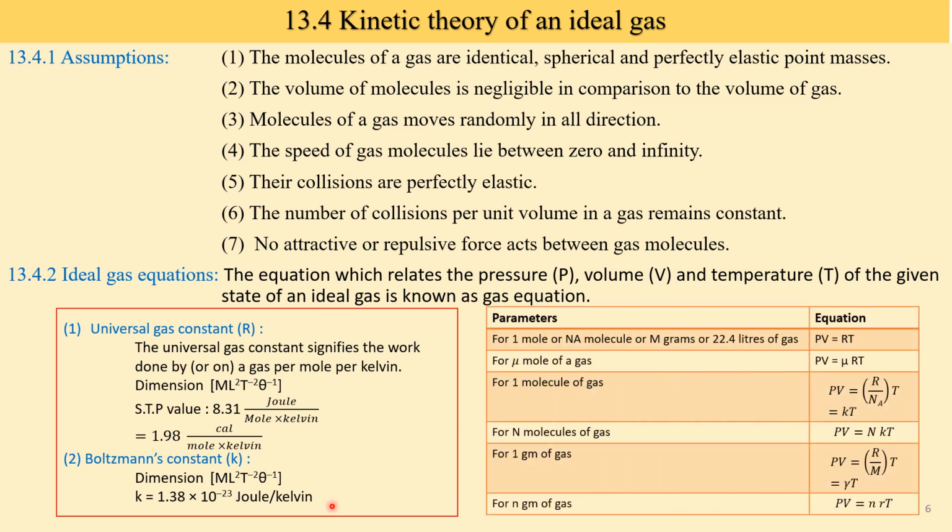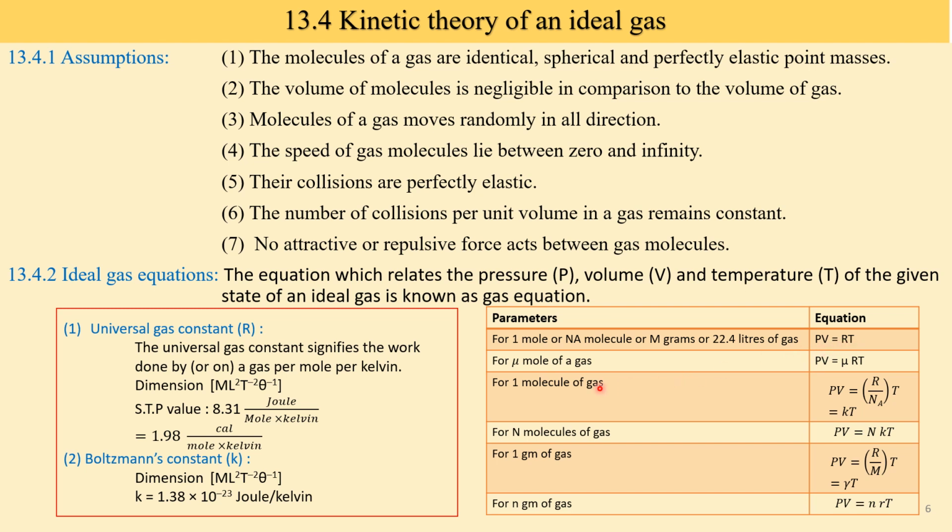In the kinetic theory of ideal gas, the equation is different for different conditions. So let us quickly summarize these equations. If we consider 1 mole, or Na molecules, or m grams, or 22.4 liters of a gas, then the equation is PV equals RT.